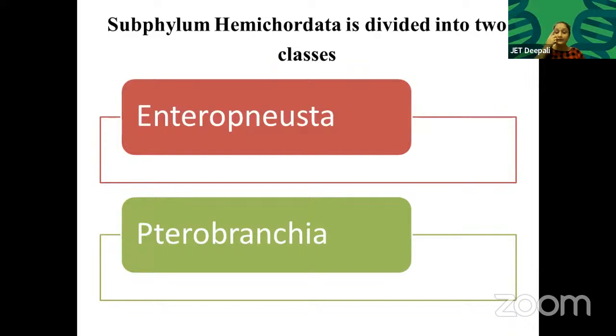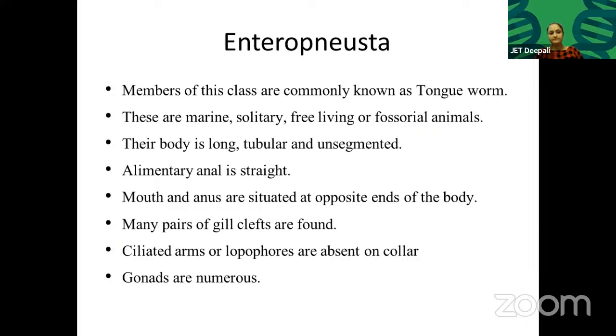Now, subphylum Hemichordata is divided into two classes, Enteropneusta and Pterobranchia. The P is silent here and also here. Members of Enteropneusta are commonly known as tongue worms because they appear like a tongue. These are marine, solitary, free living, or fossorial animals.